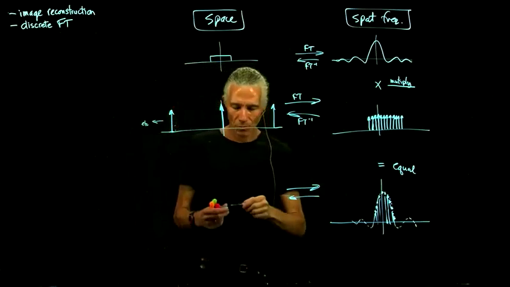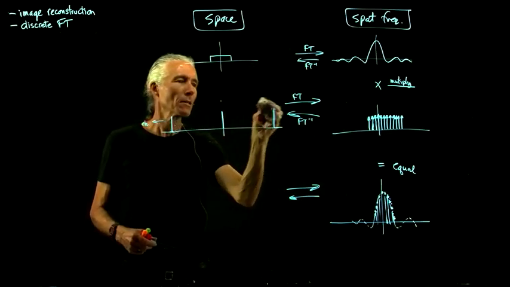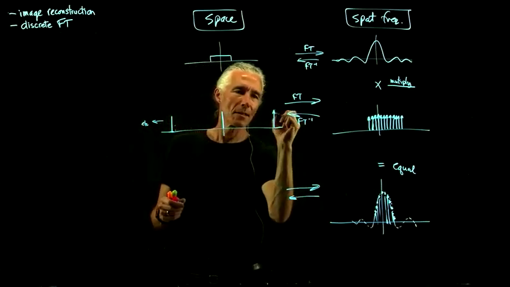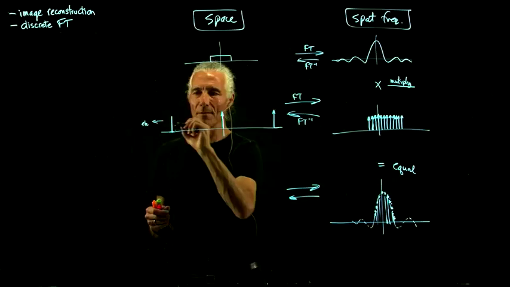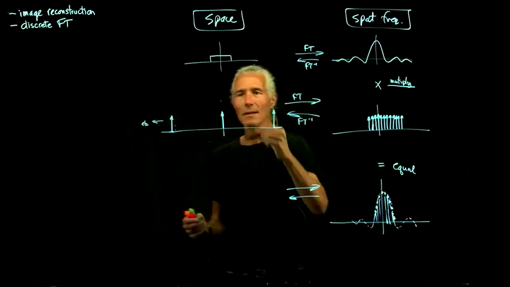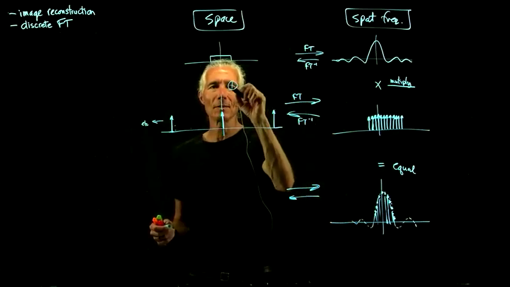This works like a regular Fourier transform in that if you make these spikes closer together, these guys get further apart. And now we're on this side, so we're going to convolve instead of multiply.